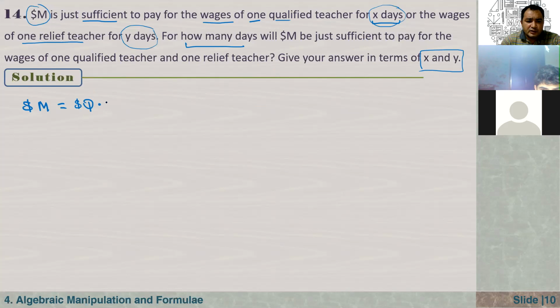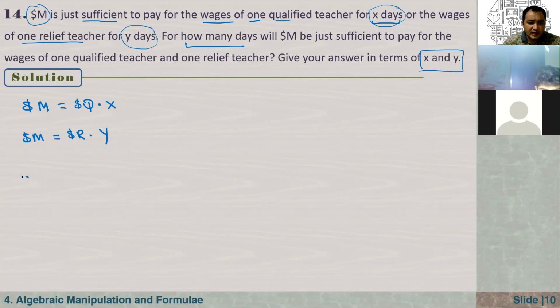And when she works for X days, we will run out of our budget, right? And again, if I use the same amount of money for the relief teacher, let's say the relief teacher's rate is R dollars per day. Now for that money, she can work Y days, right?